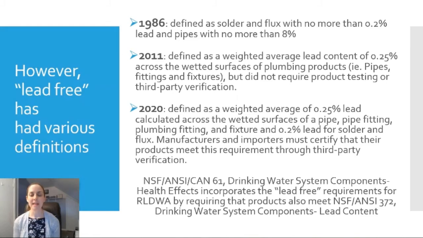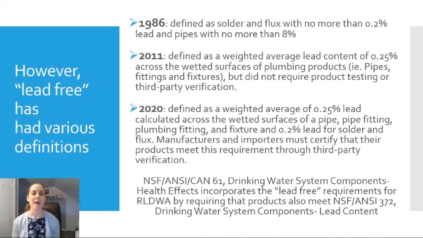And then as an additional step on that, there's NSF/ANSI/CAN 61, which is Drinking Water System Components Health Effects, and that incorporates this lead-free requirement with the Reduction of Lead in Drinking Water Act, but also adds a more stringent leaching requirement.